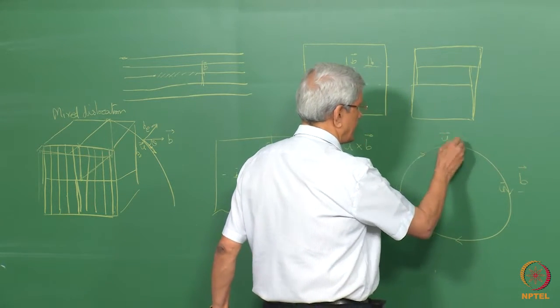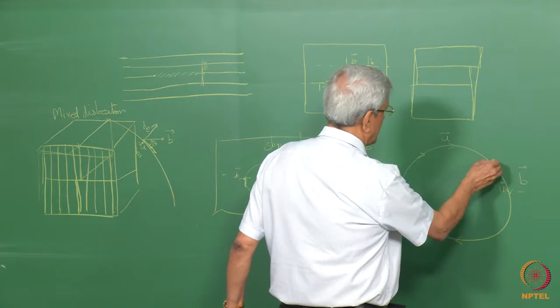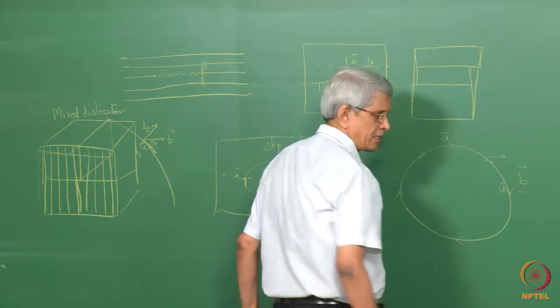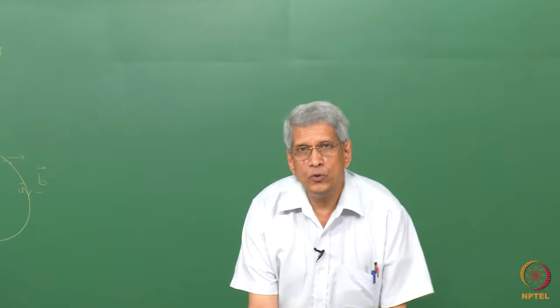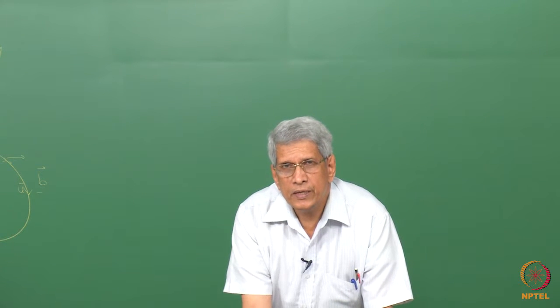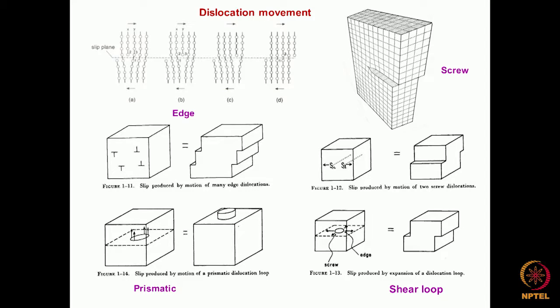Here the line direction and the Burgers vector are in the same direction, and in between regions the Burgers vector is inclined with respect to the line direction. So, for a shear loop, some regions will exhibit pure screw dislocation, some regions pure edge component, and in between regions will exhibit both screw and edge components.